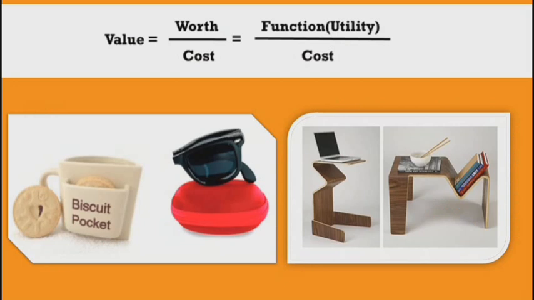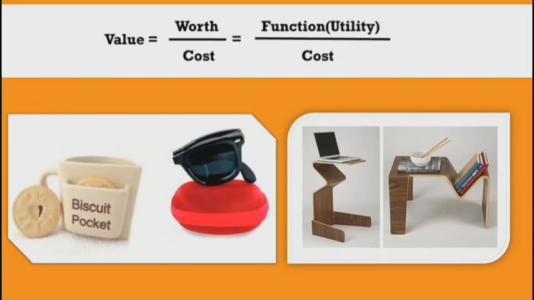In that cup there is a biscuit pocket, so you don't need to take the biscuit separately in hand. When you provide it to a customer, the biscuit pocket is there, you put the biscuits in there, so it is very easy. That is why it has a higher cost than the ordinary cup.